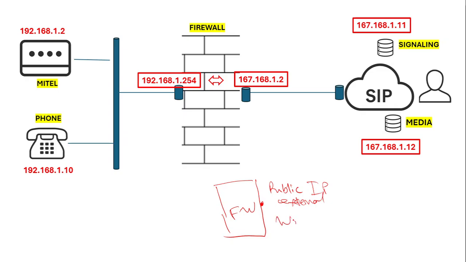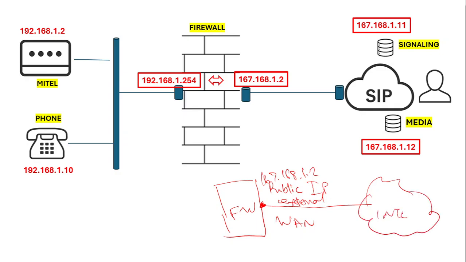Which we shall call the 1. And this public IP address, in our case, we gave it the IP address 167.168.1.2. So this is the external interface of the firewall, which connects us to the internet.